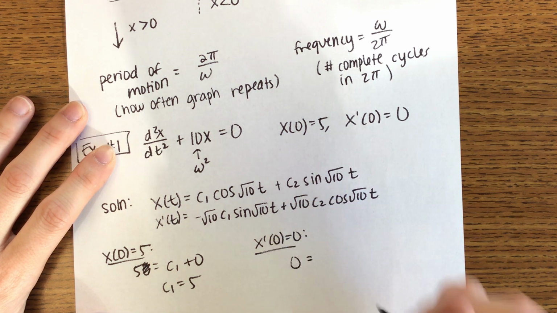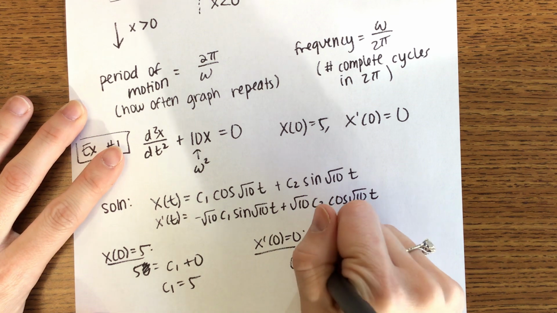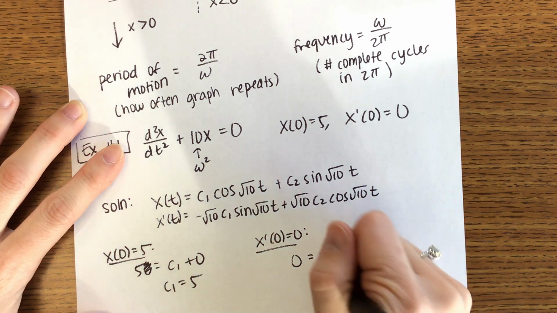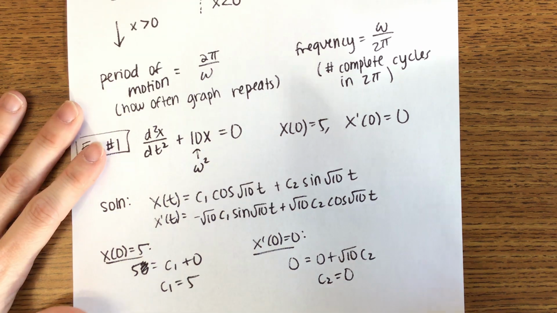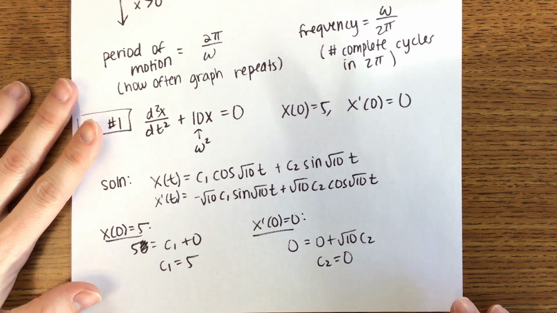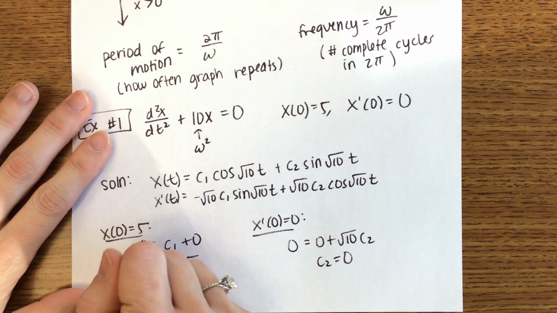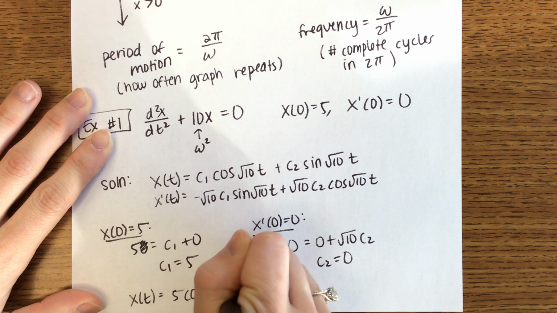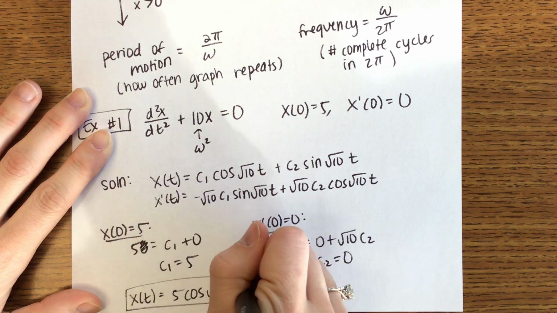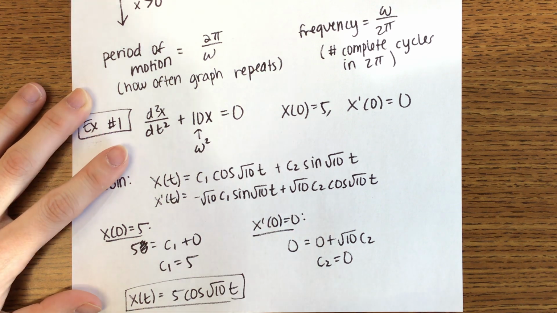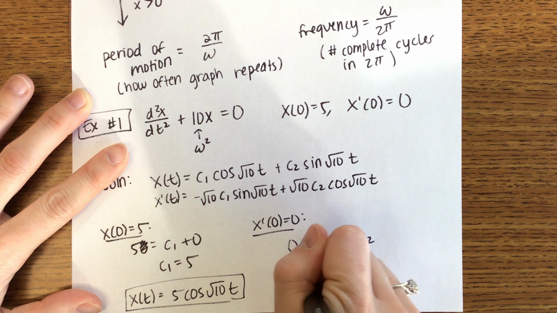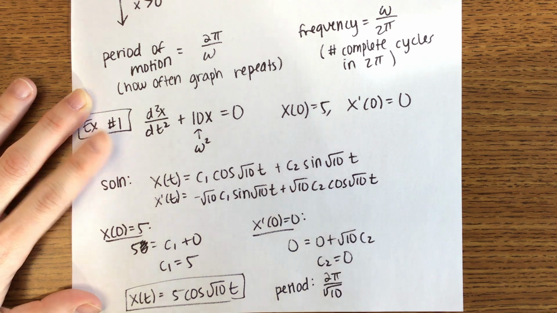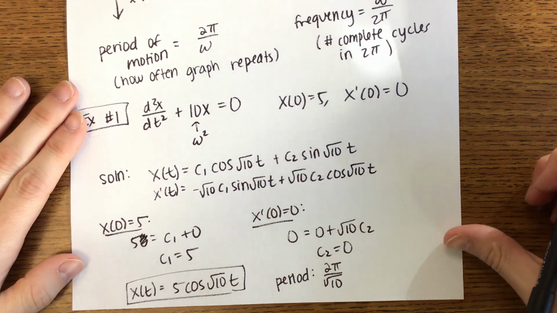We get 0 is equal to 0 plus root 10 c2, in which case c2 equals 0. So our equation of motion then is 5 cosine of root 10t. If you are asked for the period, that's going to be 2 pi divided by omega. Frequency is the reciprocal of that.